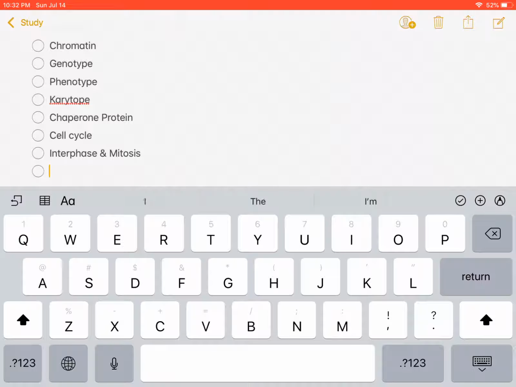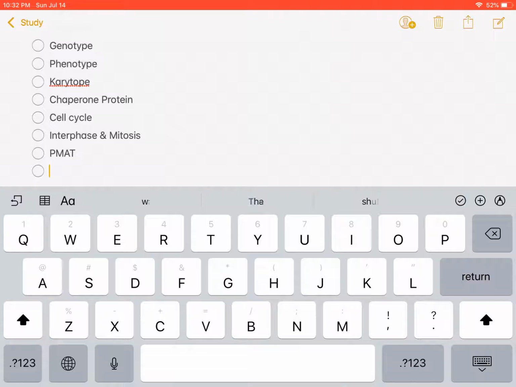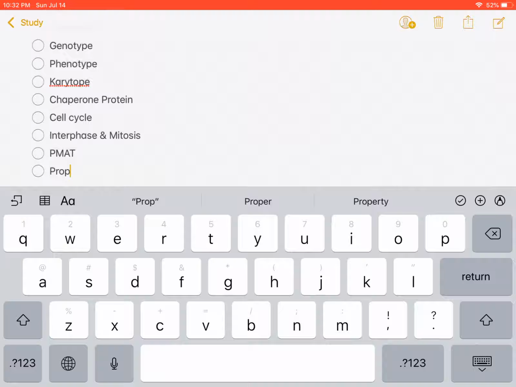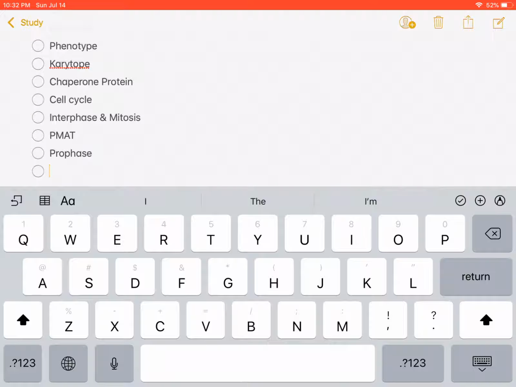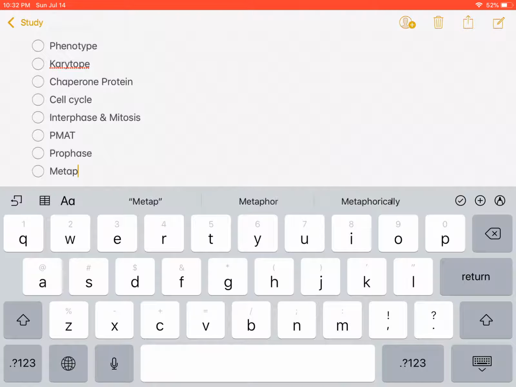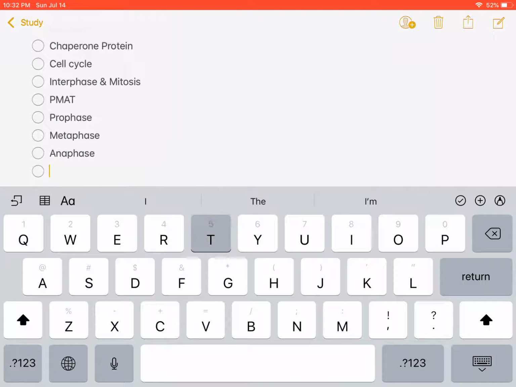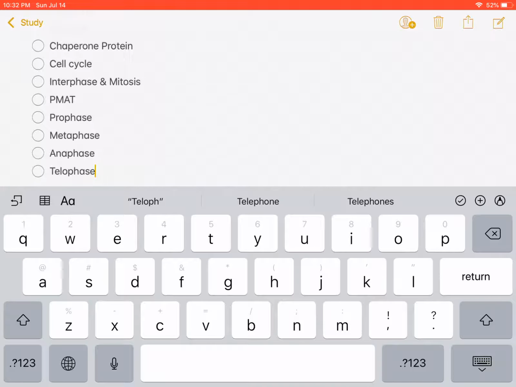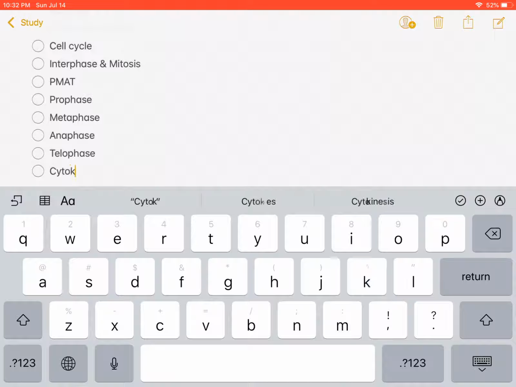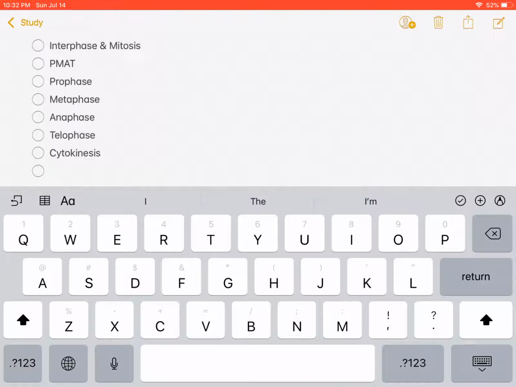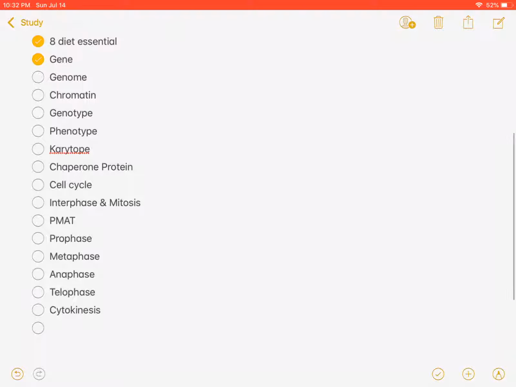For mitosis, I'm going to teach you the mnemonic PMAT: prophase, metaphase, anaphase, and telophase. And we're going to learn about cytokinesis. I'm just going to cut it right there for now, because I'm trying to be wary of your time.